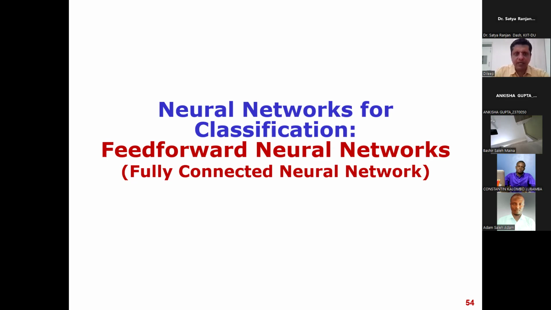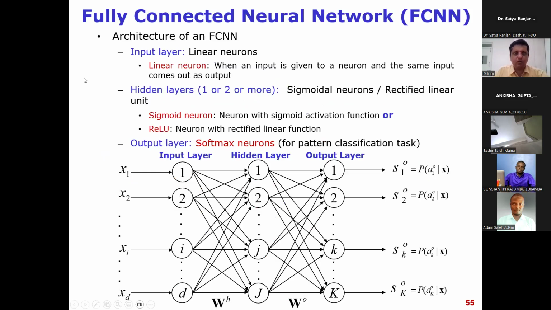In the fully connected, or feed forward, neural network, the architecture usually has several layers of neurons. The first layer we call the input layer, where only the inputs are given. The last layer is called the output layer.